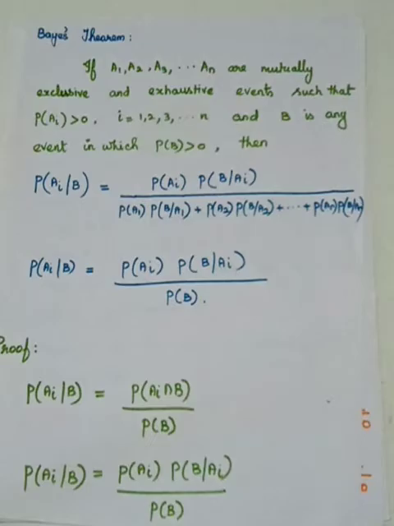Exercise 12.4, first problem. A factory has two machines, 1 and 2. Machine 1 produces 60% of items and machine 2 produces 40% of items of the total output.